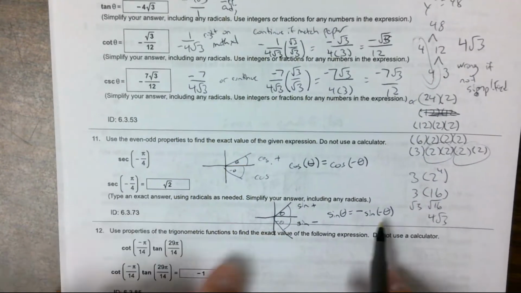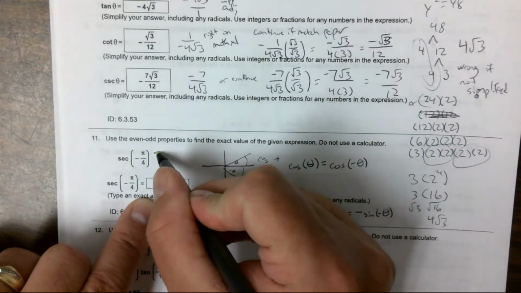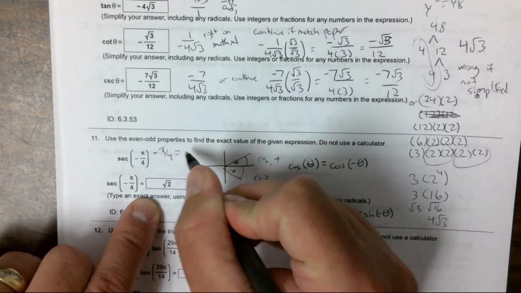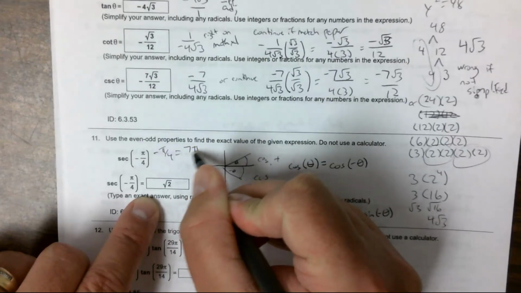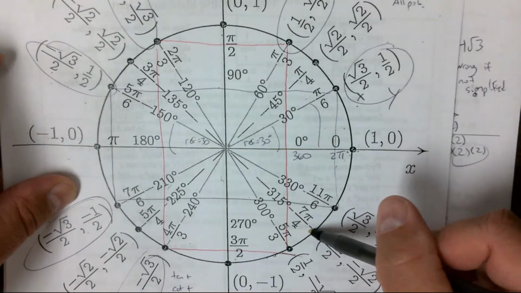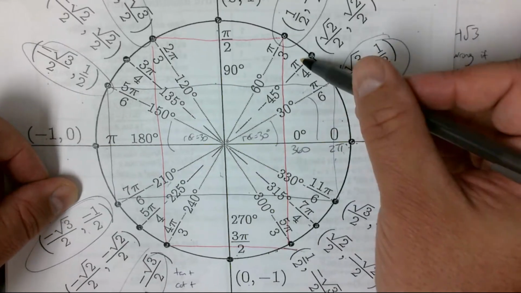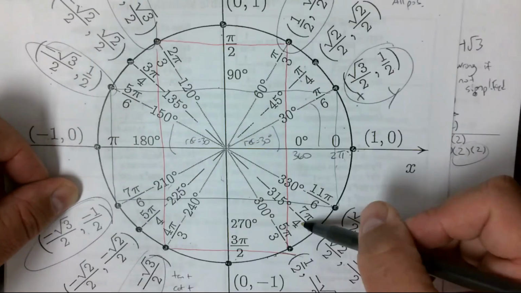So what we do on this is we say negative pi fourths is equivalent to 7 pi fourths, because you go backwards by pi fourths. You remember what I said before is you can go forward pi fourths and then flip, you know, if you want to do it that way.